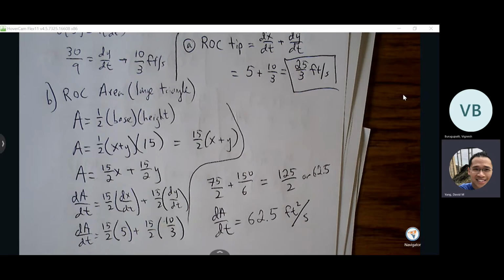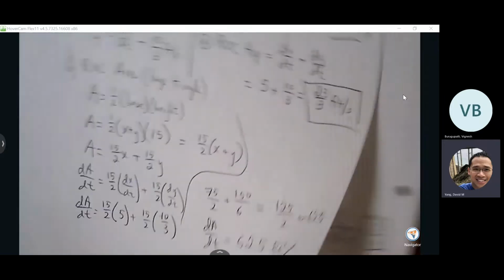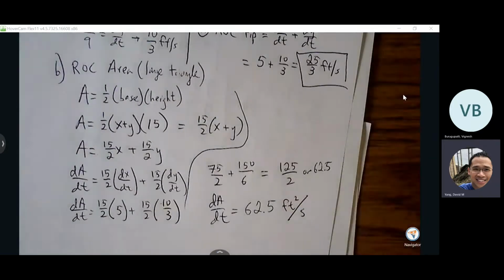Let's do an area circumference problem here. Kind of like pairing two different equations. So number 3.